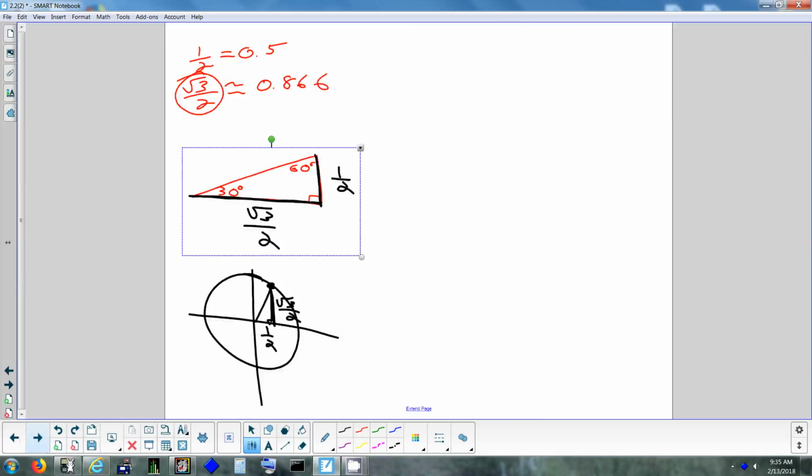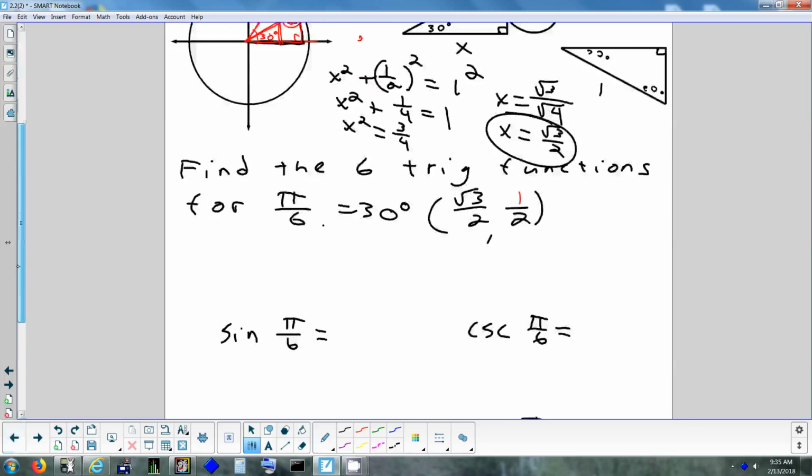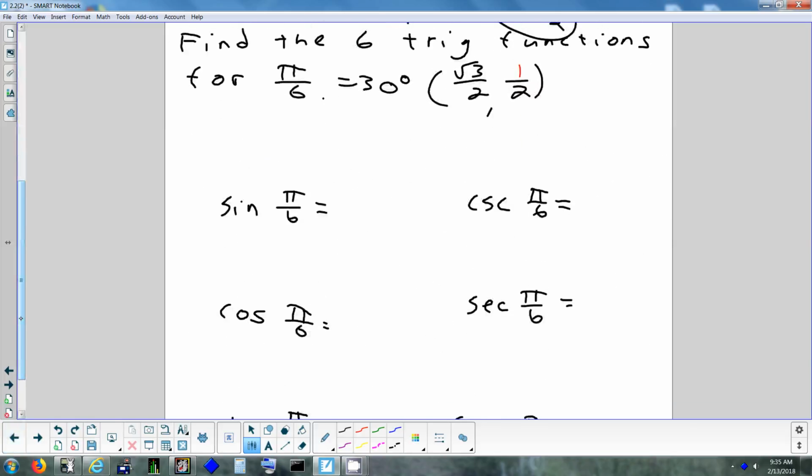I picture that in my head. And I'm like, all right, 30, it would only be up a little bit on the circle, so the long side would be at the bottom. The height would be the short side. All right, so take a couple minutes and see if you can find the 6 trig functions for 30. And then we'll finish up with the 6 trig functions for 60.